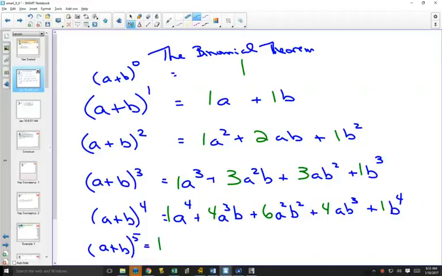Have you seen a pattern in the exponents? If we did a plus b to the 5, we would have a to the 5, then a to the 4 and 1b.